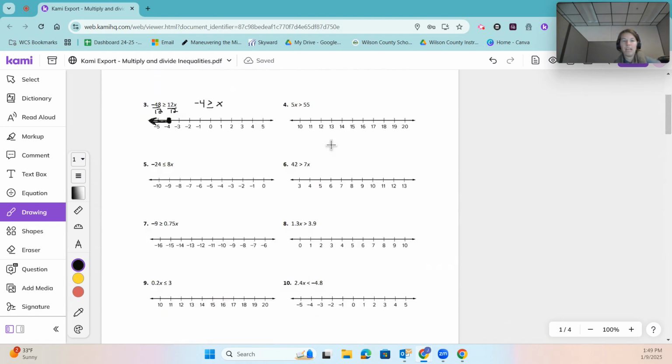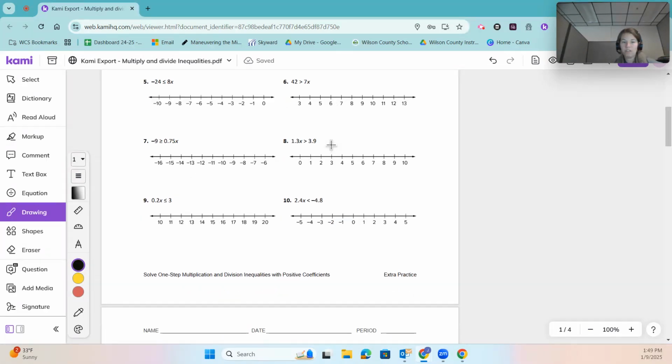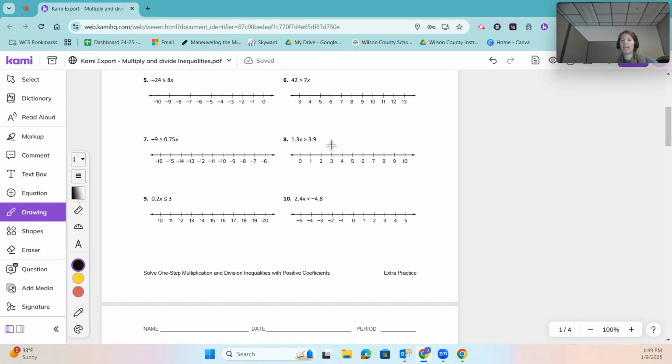Now, if we have decimals involved, we follow the same exact process. If I divide by a negative, I flip my inequality. If I divide or multiply by a positive, everything stays the same, exactly like it would if you were solving an equation. So negative 9 is greater than or equal to 0.75x. I'm dividing by positive 0.75 on both sides.